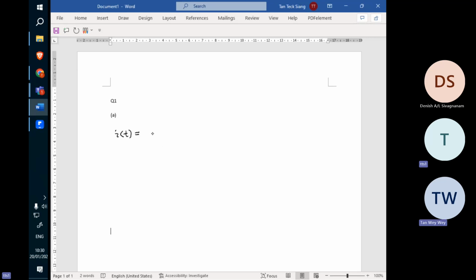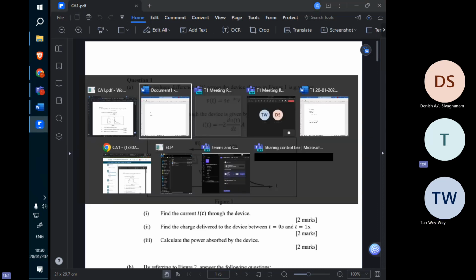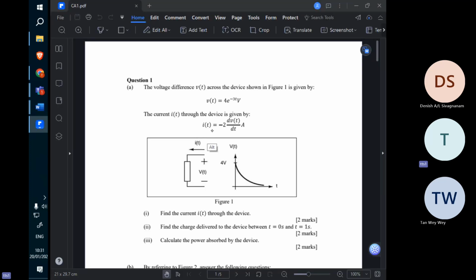So this current as a function of time is the derivative of the voltage times -2. This is not the final answer yet. If you provide the answer like this, you'll probably get a maximum of 0.5 marks only.